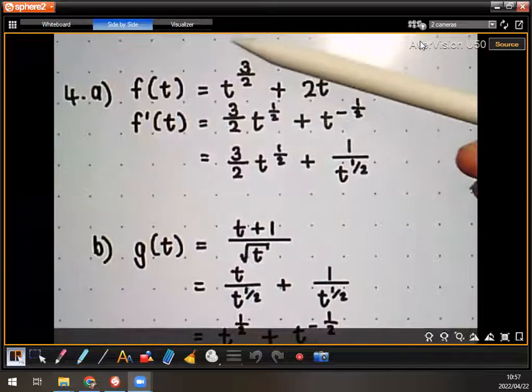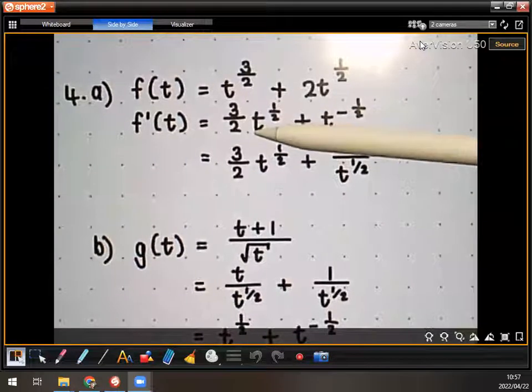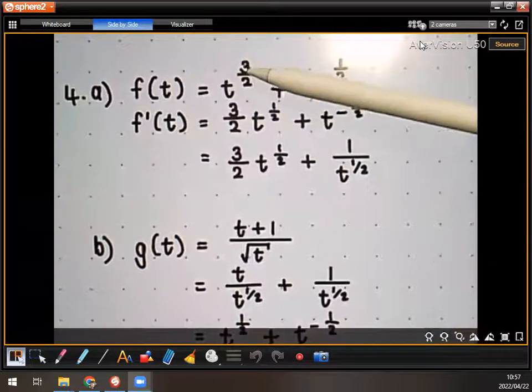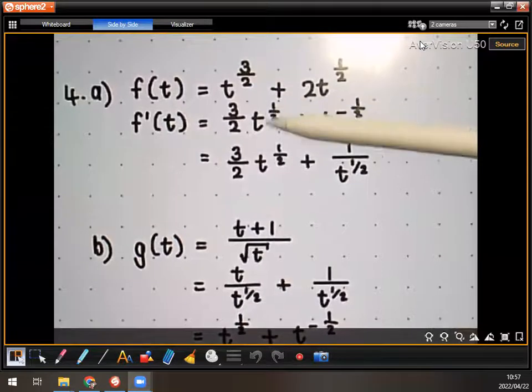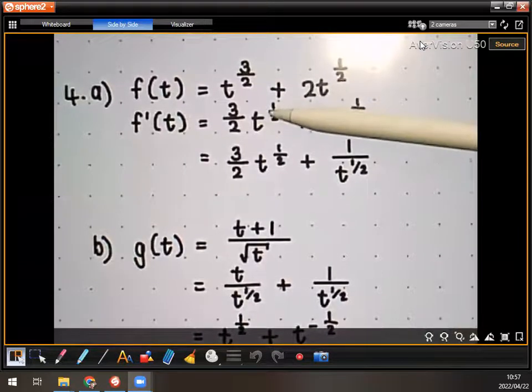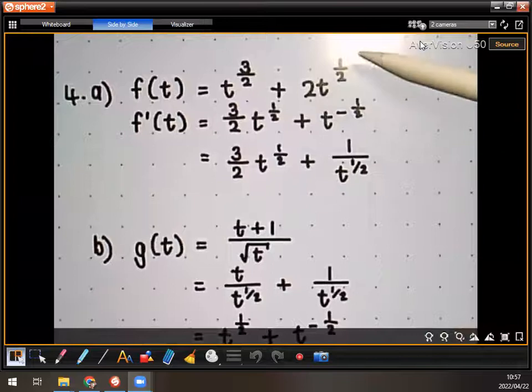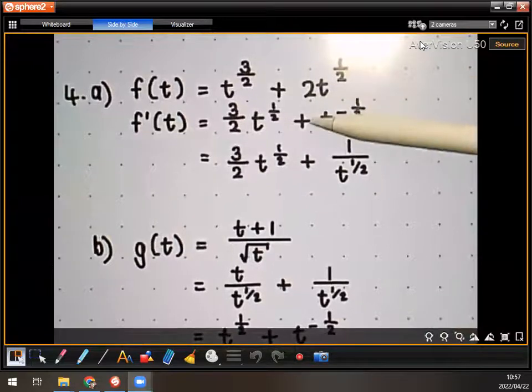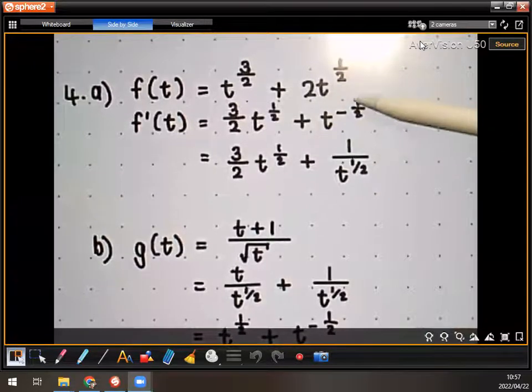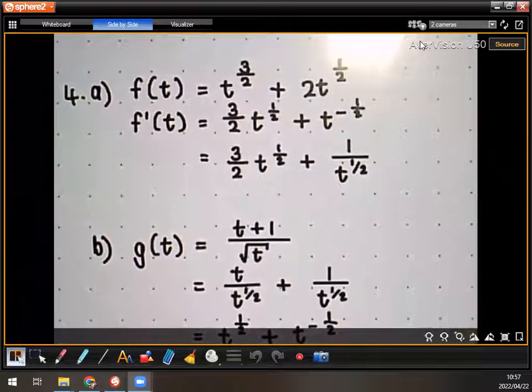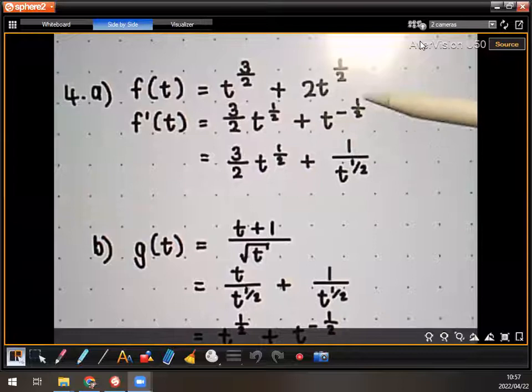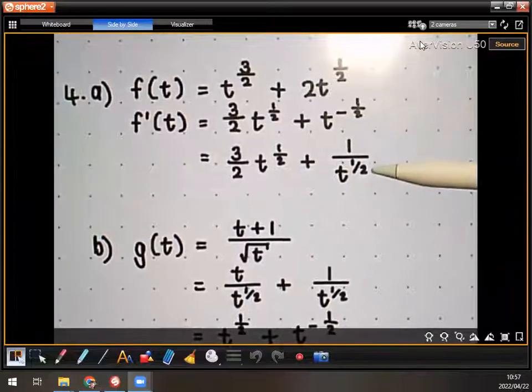So you're going to take the 3 over 2 to the front, t, and now 1.5 minus 1 is a half, guys. So that new exponent is a half. Plus, you have 2 times a half now, which is 1. And then t, a half minus 1 is negative a half. And then what you just need to do is move this t, whatever has a negative exponent, to the bottom and make it positive.